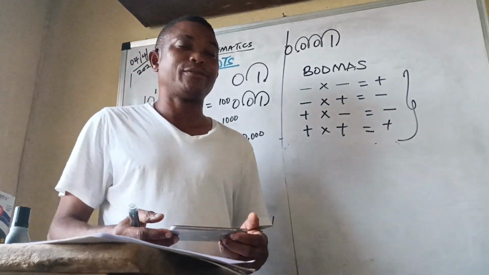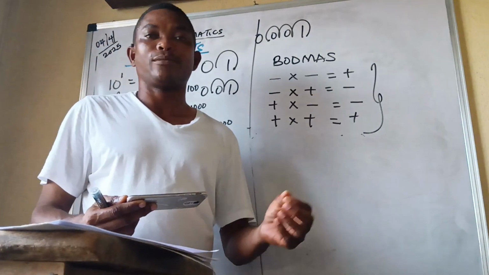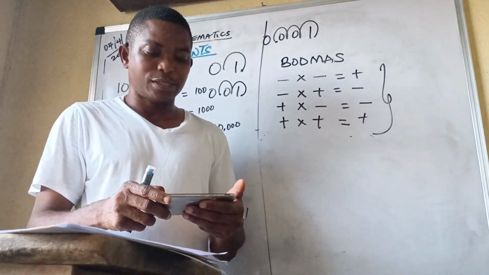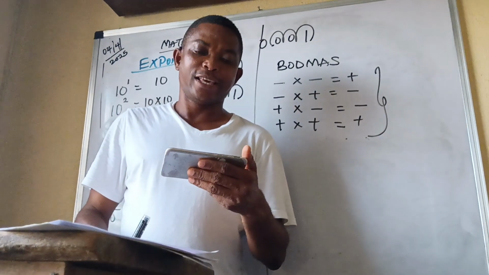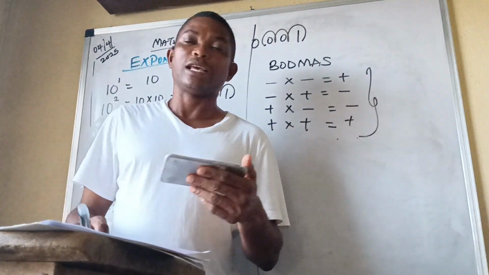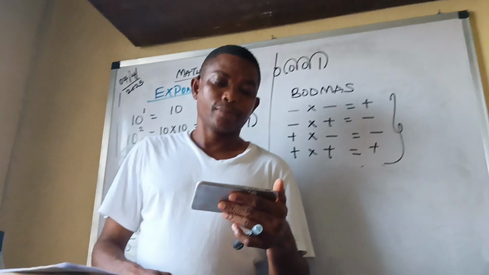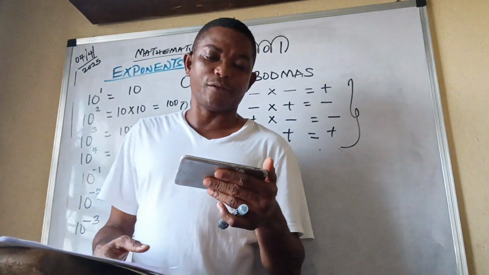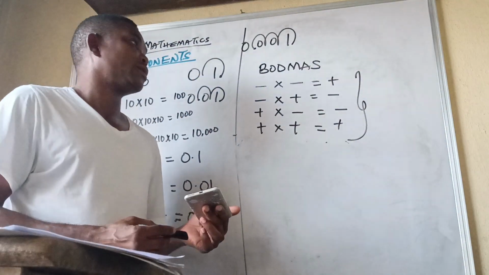Now, if we have a large number, what we are moving to now is scientific notation, or standard form, and ordinary form. We are gradually moving to ordinary form and standard form. Scientific notation is a way of writing very large numbers and very small numbers, in which the numbers are expressed as products of a number between 1 and 10 and a power of 10.